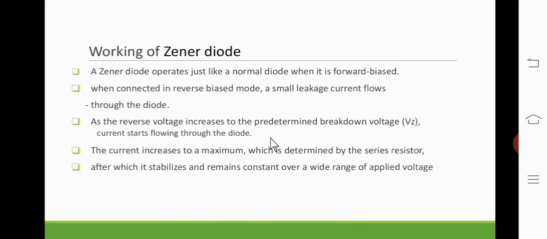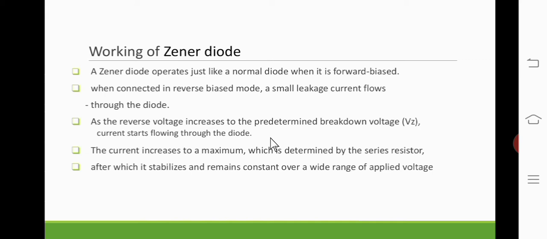Now let us move to the working of the zener diode. Whenever we talk about the diode, we have two biasing conditions: one is forward bias and the other is reverse bias.